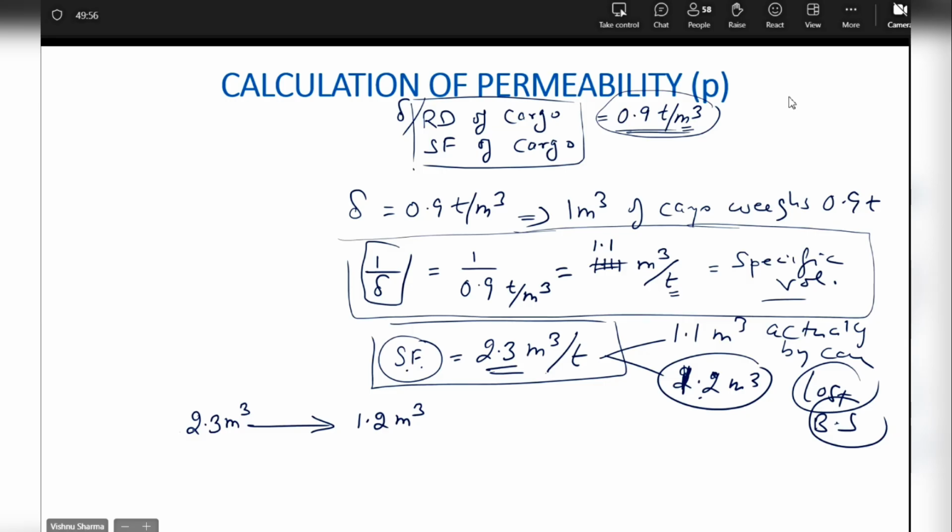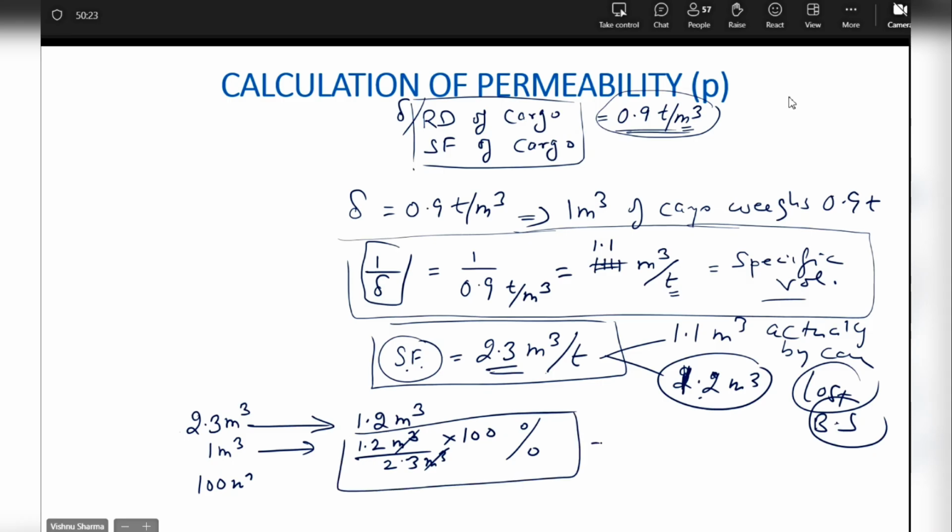So out of 2.3 cubic meters, 1.2 is free for water to occupy in case of bilging. If it is 1 cubic meter, then it will be 1.2 cubic meters upon 2.3 cubic meters. This gets cancelled. If it is 100 cubic meters, then it is 100 and becomes percentage. And whatever you'll get here is the permeability basically.